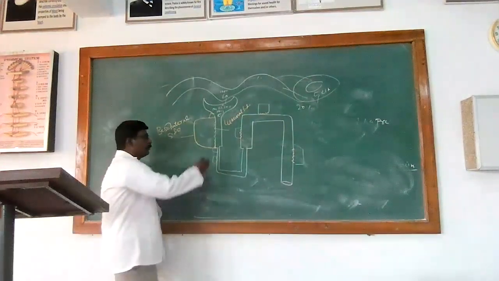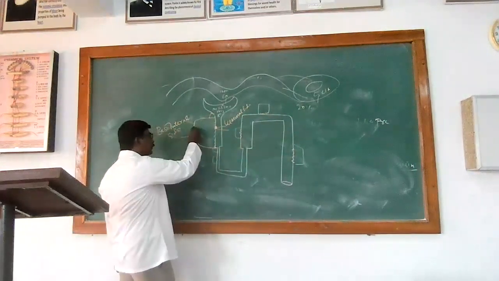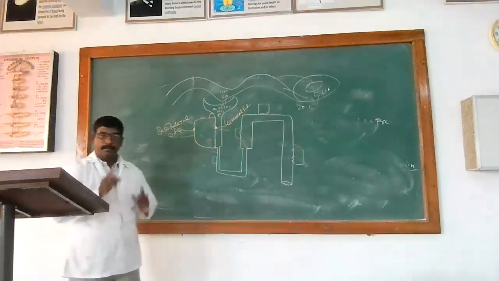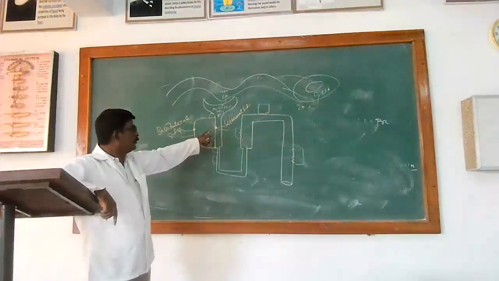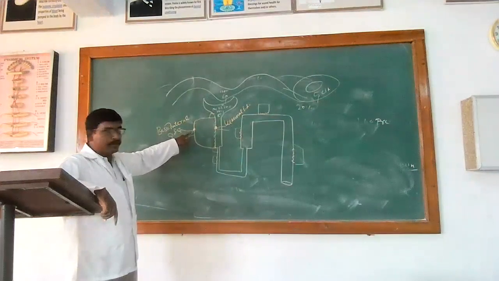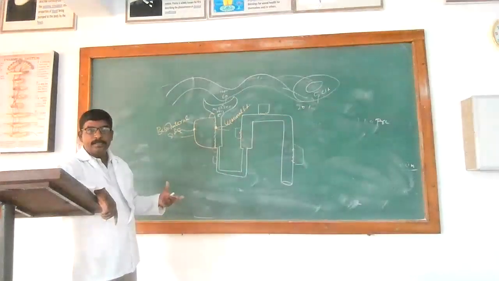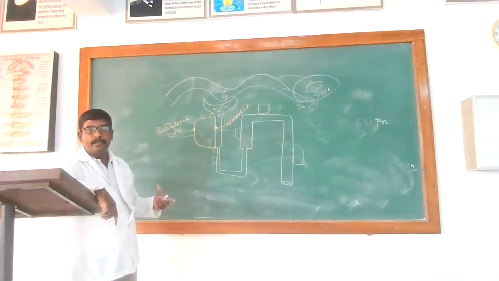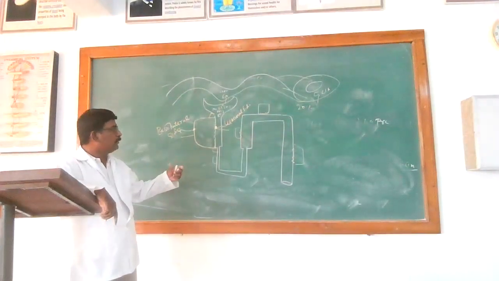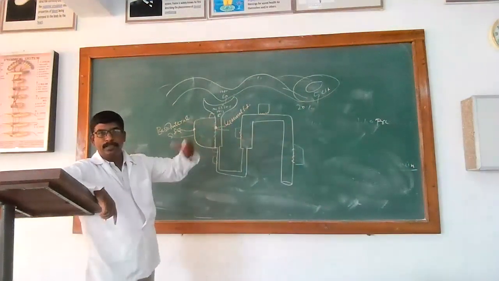Some proteins are present on the luminal side, and some proteins are also present on the basolateral side of the cell. But these proteins have different functions, and different roles at the different segments of the nephron.